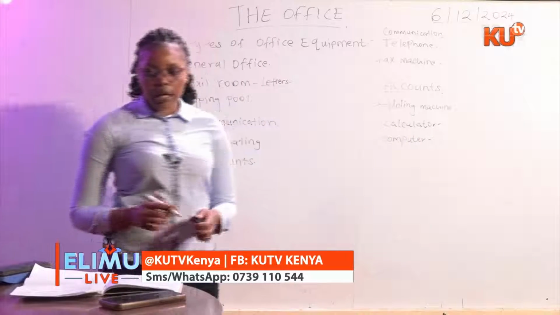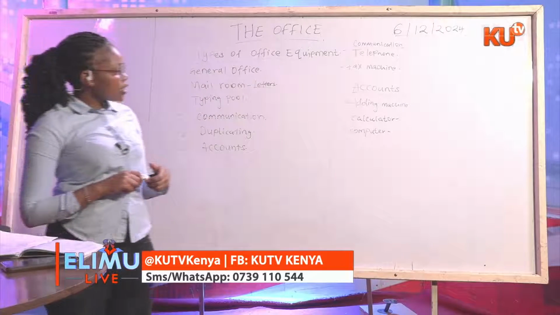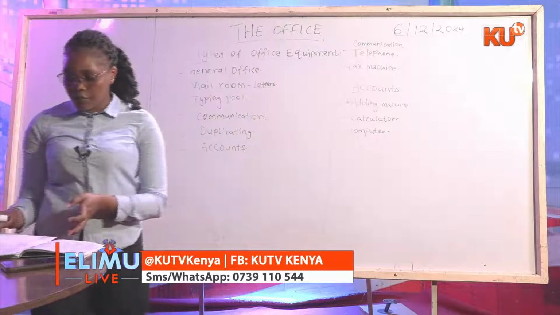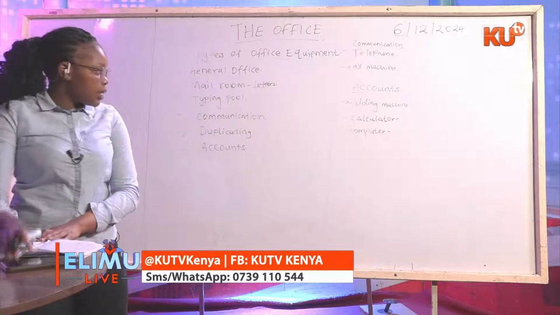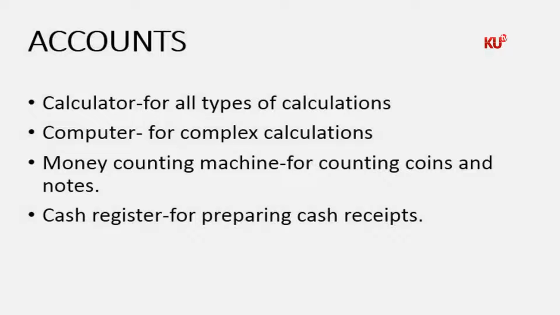A computer now is a machine that also does calculations, but it is involved in doing complex calculations, like the calculations that are in statistics, calculations that involve large amounts of figures.